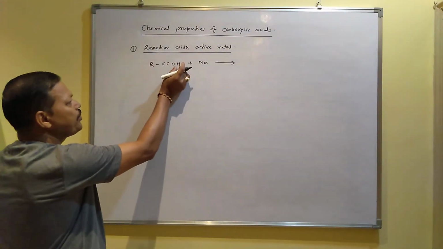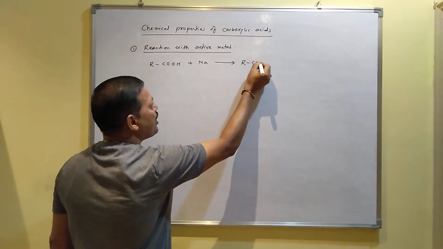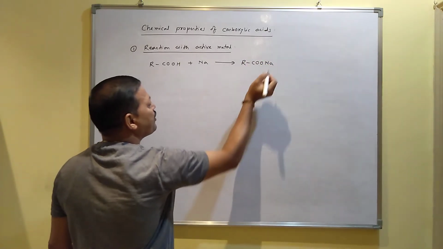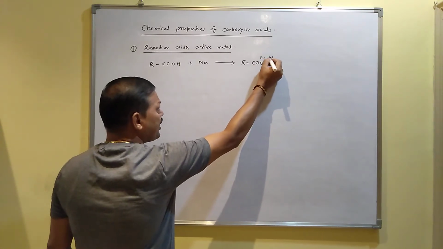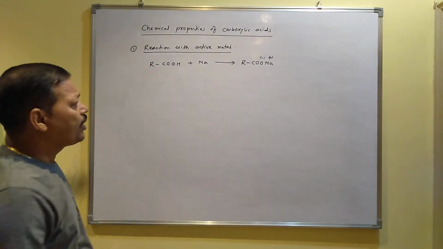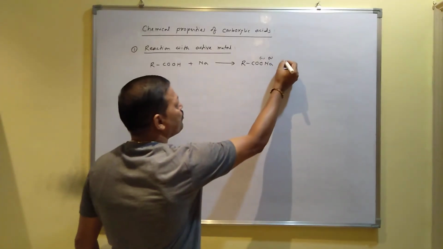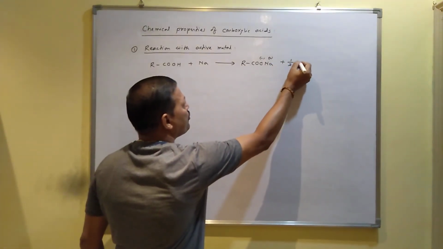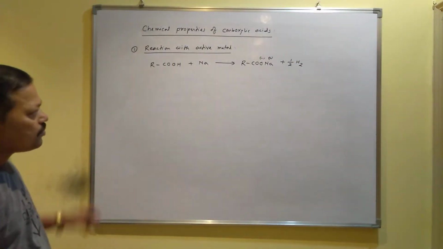So this hydrogen will be removed and it produces a salt like this, RCOONa. Here RCOO is minus, Na is plus, and this is called the sodium salt of carboxylic acid, plus half H2. To balance hydrogen, I put half here.